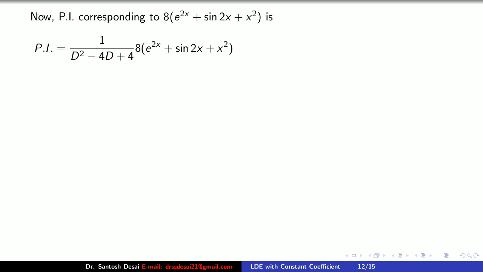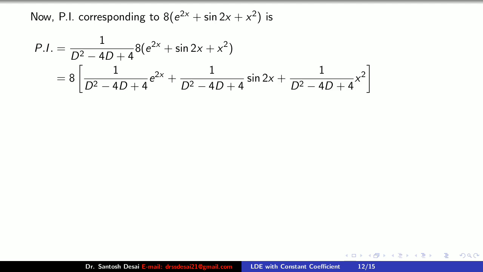So you have to apply your previous three methods to solve this example. So let us separate first. So we get 8 into bracket 1 upon d square minus 4d plus 4 e raised to 2x plus 1 upon d square minus 4d plus 4 sine 2x plus 1 upon d square minus 4d plus 4 into x square. Let us call this equation A.